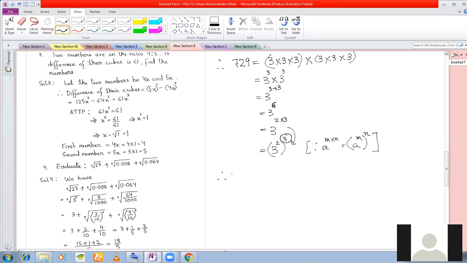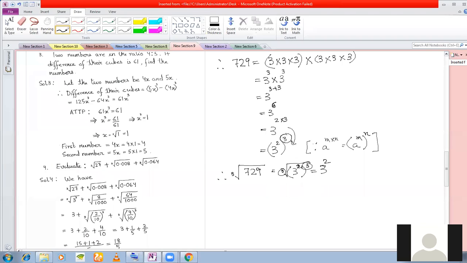So therefore, what is the cube root of 729? Cube root of 729 is the cube root of 3 cube. So now that means 3 square whole cube. So therefore, now you have a power 3 and you have a cube root here and you have a power 3 here. So you can remove the radical.